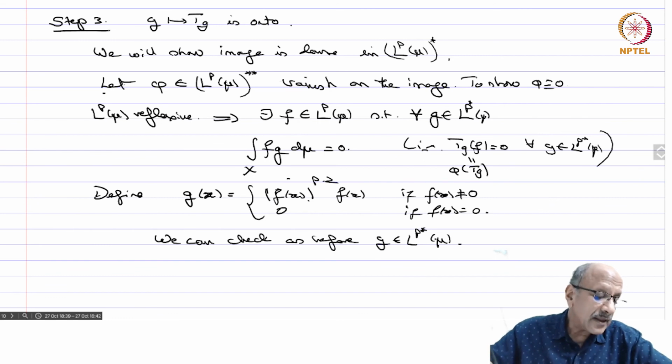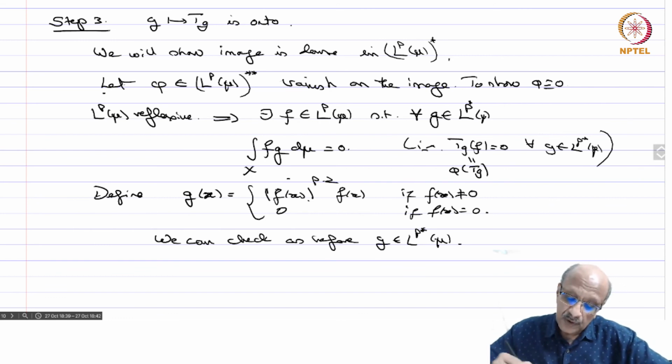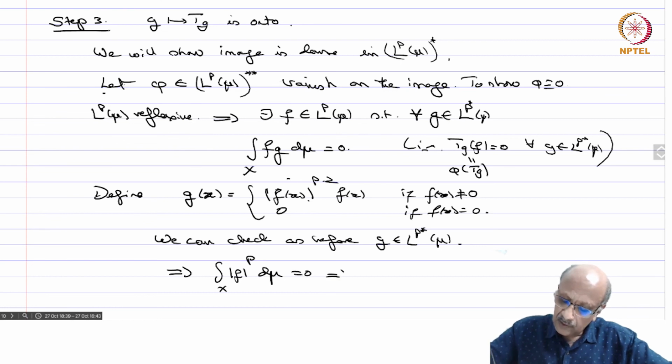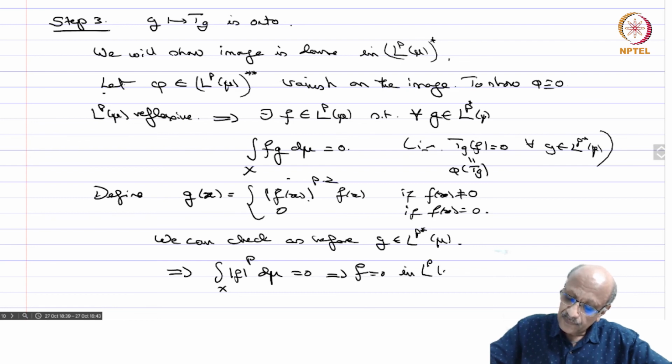Now if we substitute this G in this relationship, we get the integral of mod f to the p minus 2 f times f, which gives mod f to the p d mu of x equal to 0. This implies that f is 0 in Lp mu, and that implies that phi is 0.